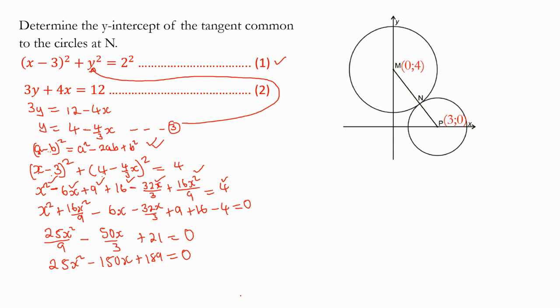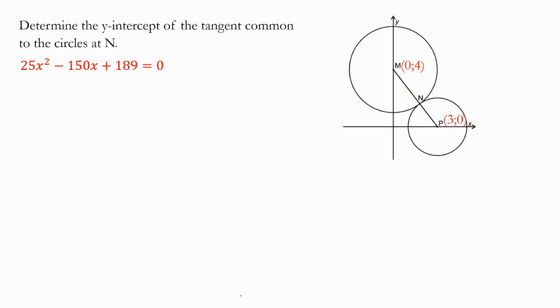Let's find the x coordinates of the points of intersection of the line MP and the circle with center P. Now this is our equation. So x is equal to minus b plus or minus the square root of b squared minus 4ac, all this over 2a.